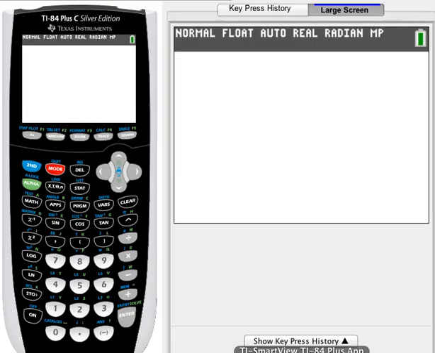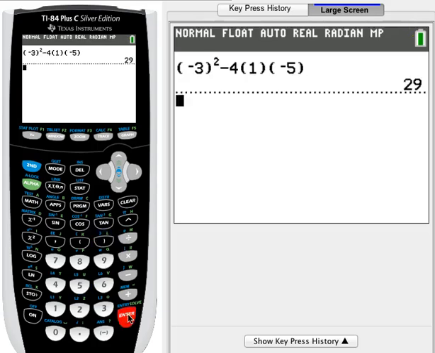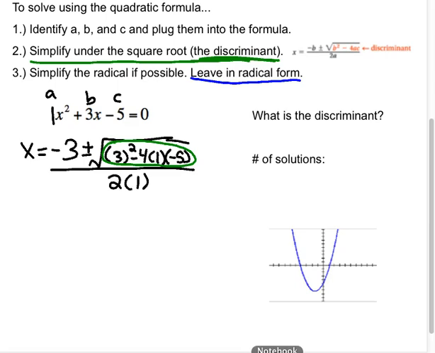So let's type in -3 squared minus 4 times a times c. All I want right now is that number. Just type it in the calculator and get me that number. And then divided by 2 times 1, which is just 2.